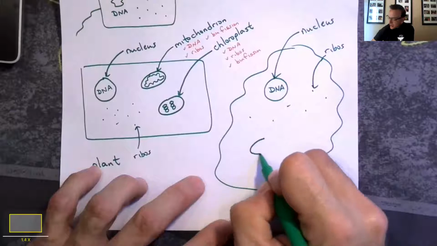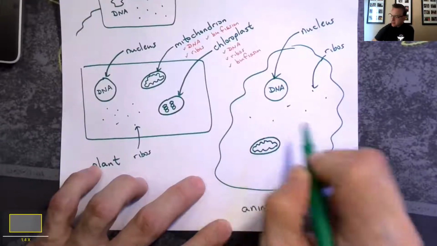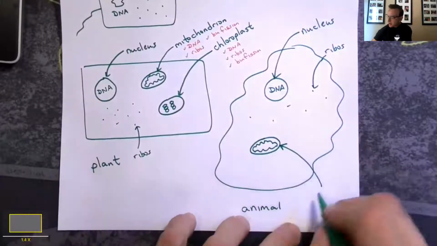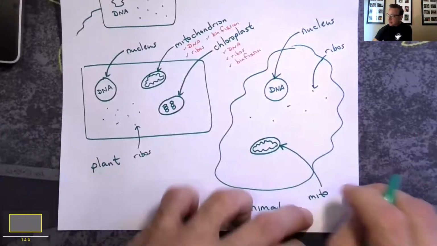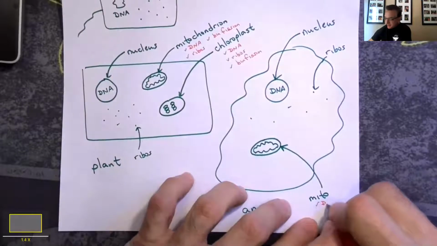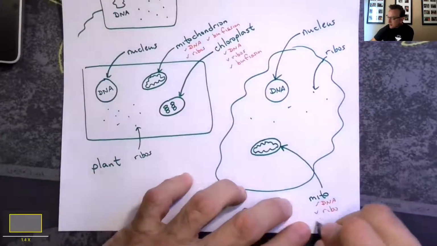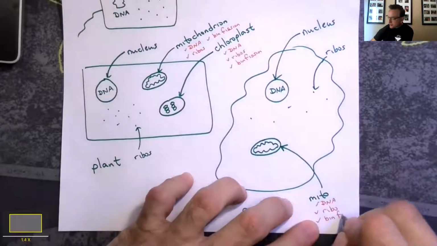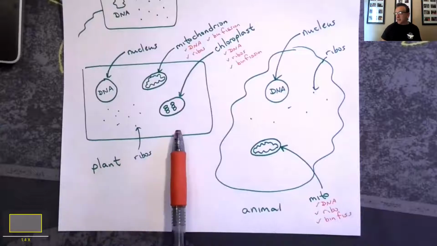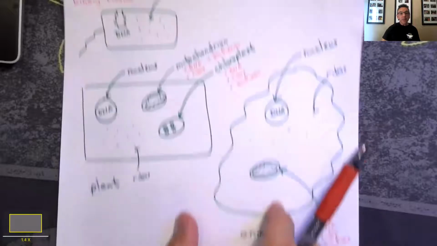But we, of course, as animals, have that same power plant organelle. We have those mitochondria. All eukaryotes have mitochondria. And you now know that mitochondria have their own DNA, right? They have their own ribosomes. They reproduce by a process that's real similar to binary fission. So both types of eukaryotes have organelles that look a lot like bacteria.